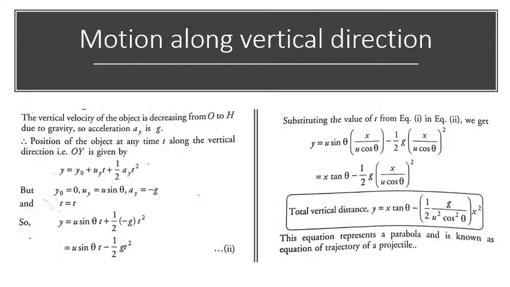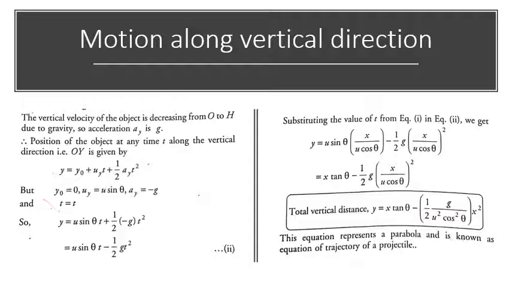Next we'll see motion along the vertical direction, that is OY. Along the vertical direction, the vertical velocity of the object is decreasing from O to H. As I told you in the previous graph, once it reaches the maximum height, the vertical component becomes 0. The vertical velocity is decreasing from O to H due to gravity.